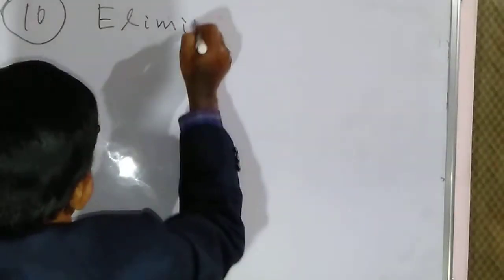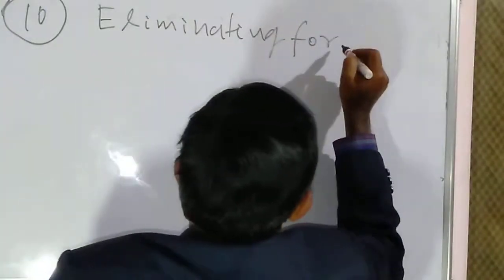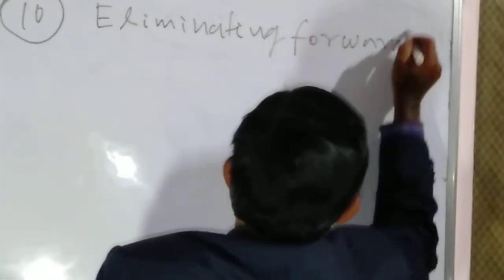Next, rule number 10, that is eliminating a forward path.